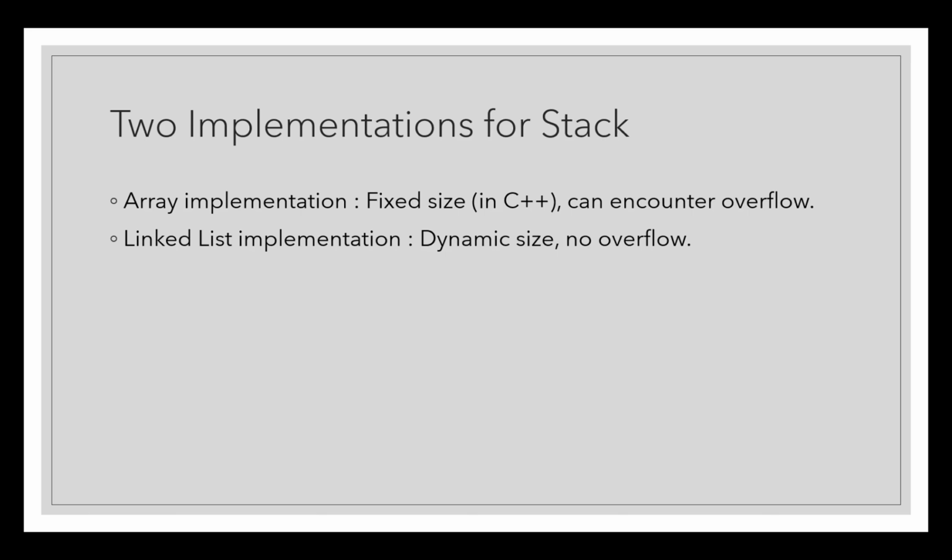So we're not going to do that in Kotlin. What about linked list implementation? Well, it has a dynamic size and it does not overflow, unlike array implementation where you have a fixed size, so it can overflow because you may encounter new data and need to add it to the previous data structure. That can cause an overflow.